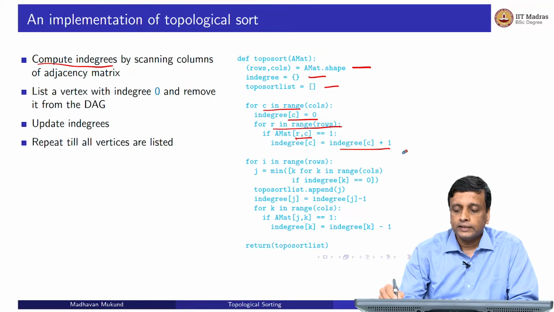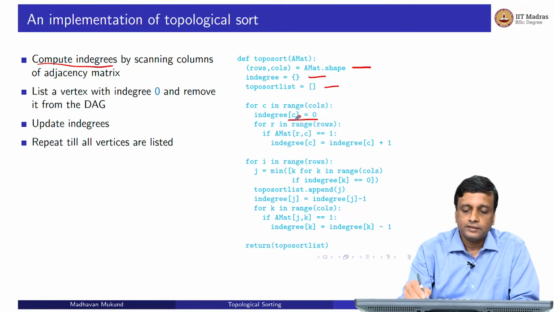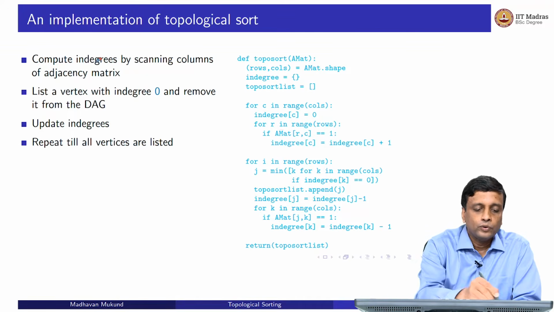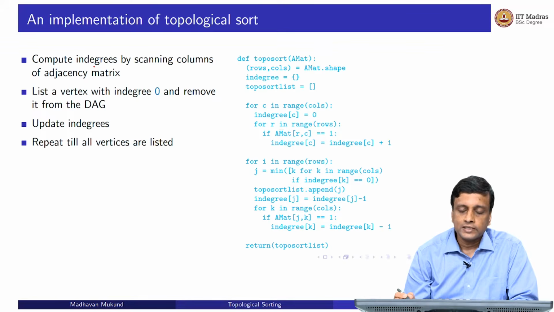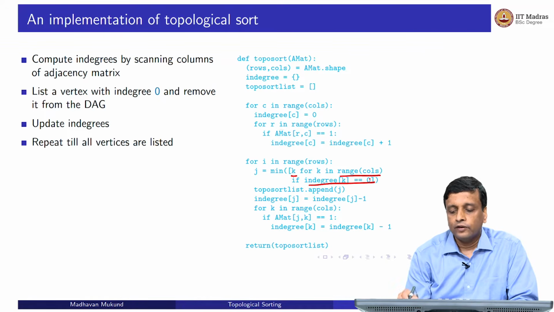So having computed the in-degrees, now I can start processing these vertices. So what I have to do is find a vertex which has in-degree 0. So here is one way to do it. You can do it in an explicit loop or through this list comprehension. So you find all the k in 0 to the number of vertices minus 1 such that in-degree of k is 0, right?